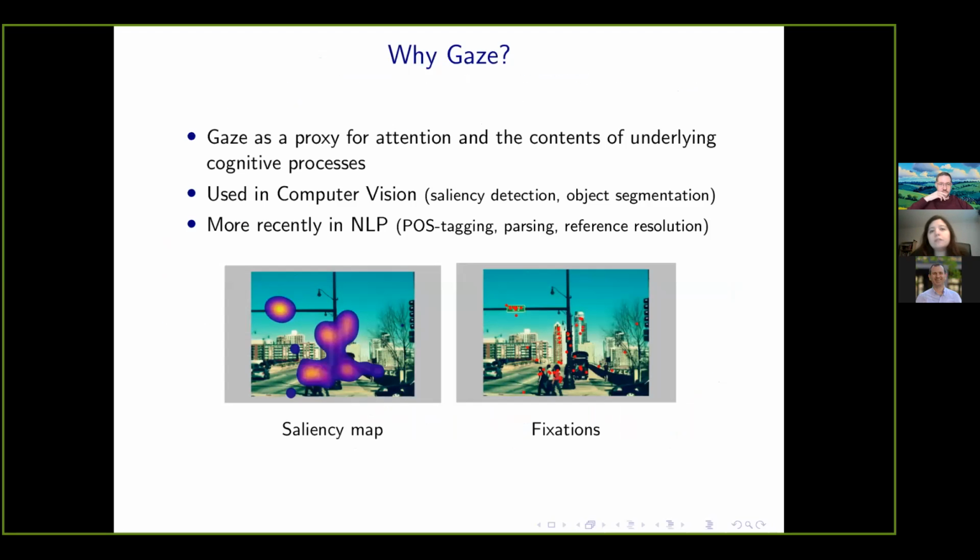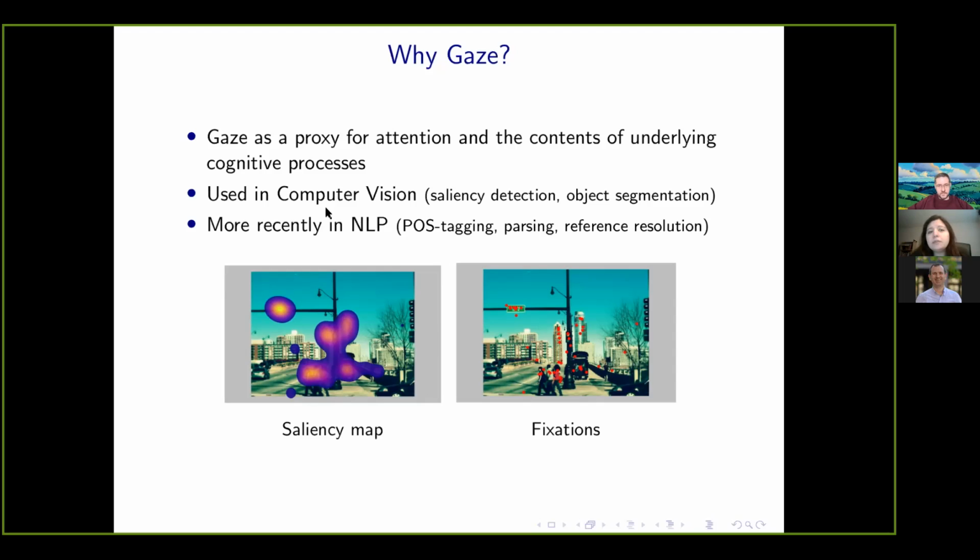So why are we using gaze? Gaze has been seen as a proxy for attention and as a proxy for the contents of underlying cognitive processes. These are generally reflected in fixations, which are slower, more stable eye movements that we can see here as red dots.